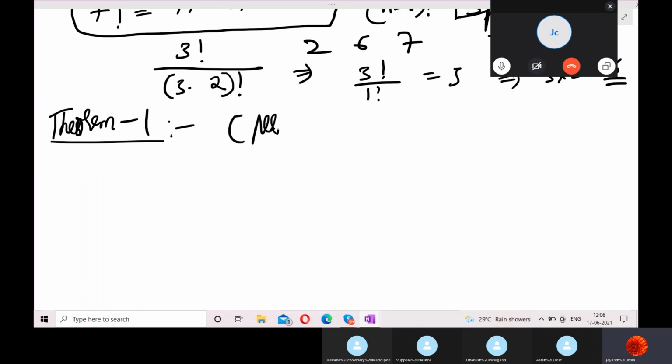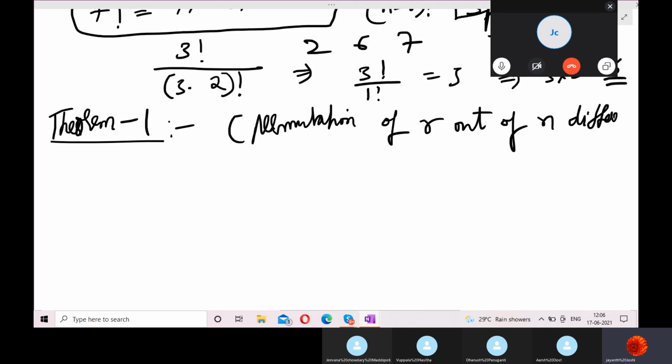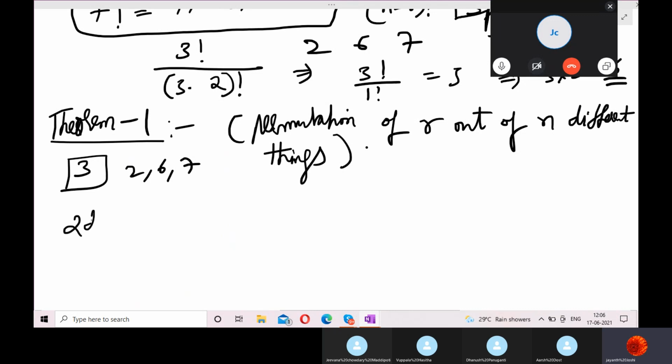Permutation, that is arrangement of r out of n different things. So here we had three numbers 2, 6, 7, and we want to arrange 2-digit numbers from these three given numbers.